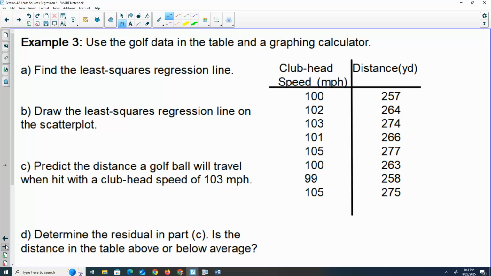All right, so let's look at another one. I want to find the least squares regression line. So everybody do this. Enter your data to get your line.